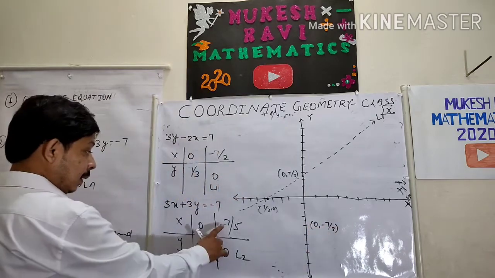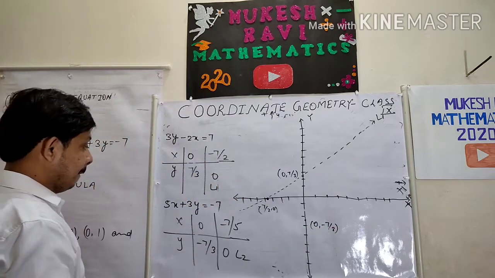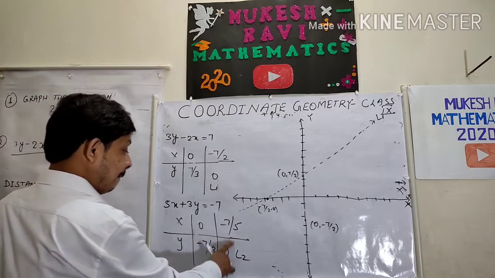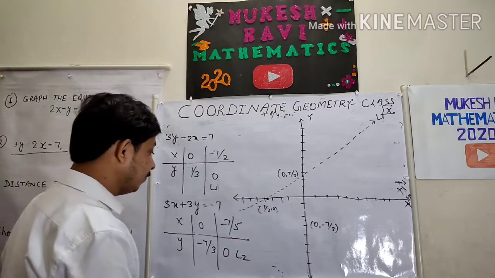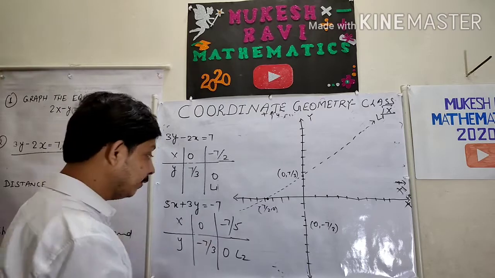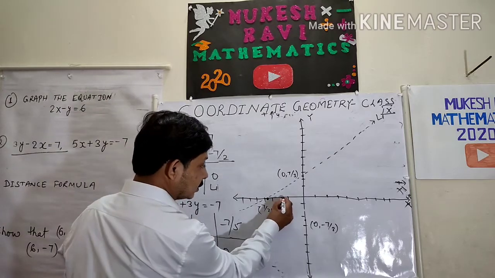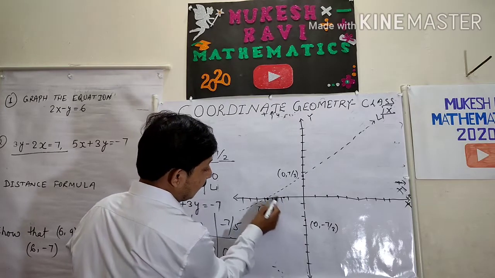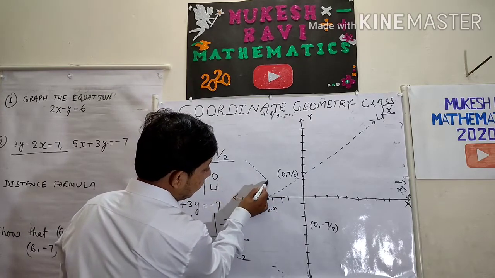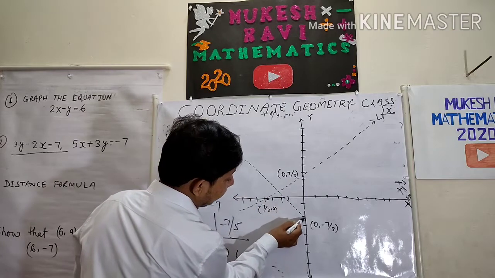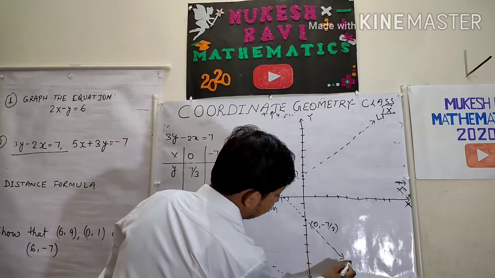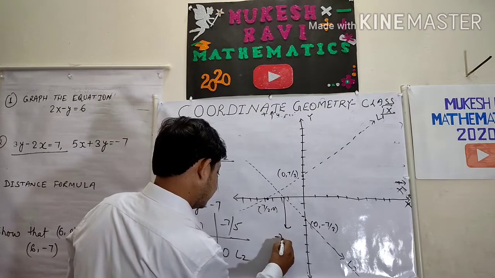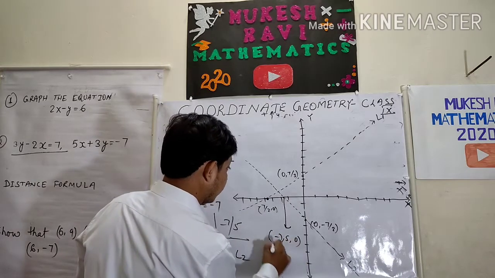And then minus 7 by 5 and 0. Minus 7 by 5 means minus 1.4. Suppose this is the point. Now you join this line. This is line L2 and this point is minus 7 by 5 and 0.